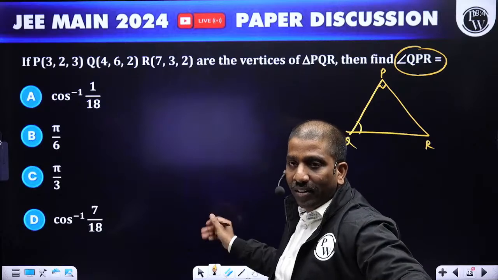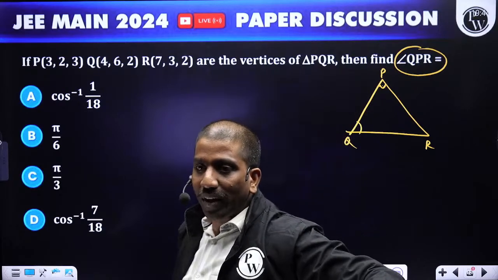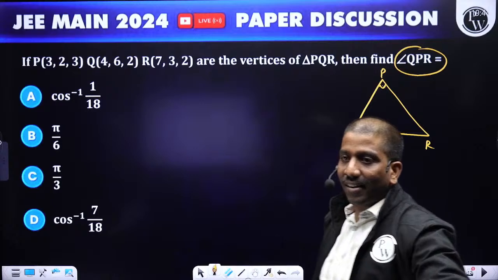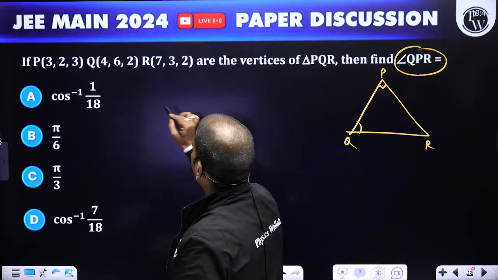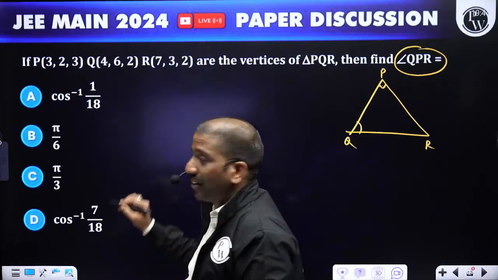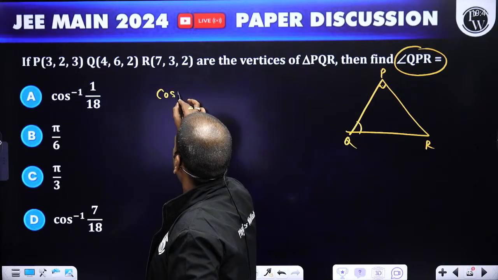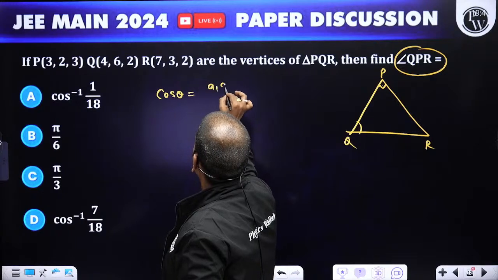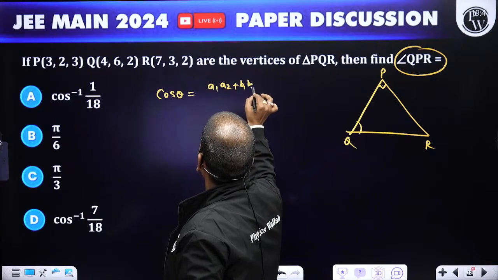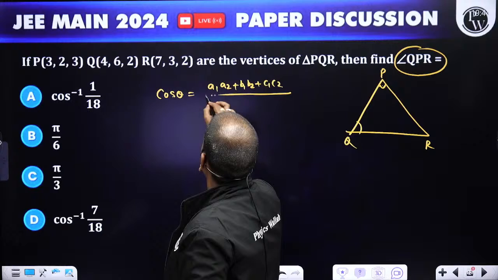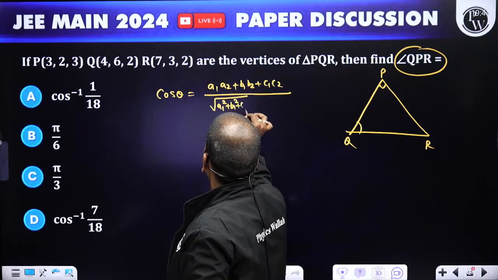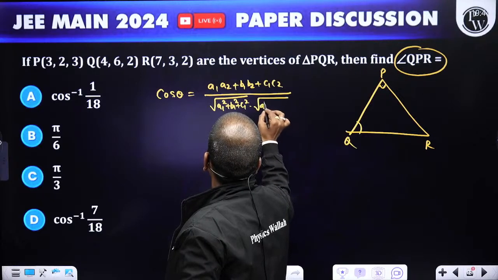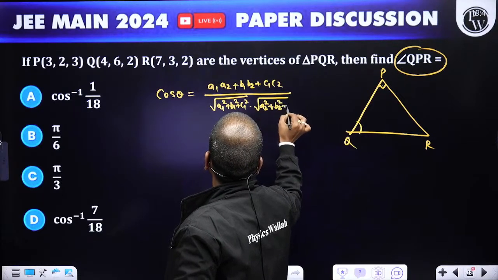Correct. So this one, Santakumar, you gave the answer, right? Okay, let us see. What is the formula? When you have DCs or DRs, the formula for angle is cos theta equal to A1 A2 plus B1 B2 plus C1 C2 over root of A1 square plus B1 square plus C1 square times root of A2 square plus B2 square plus C2 square.